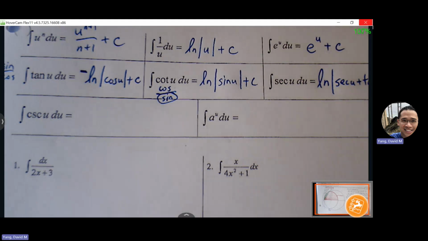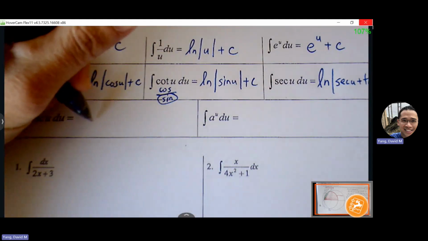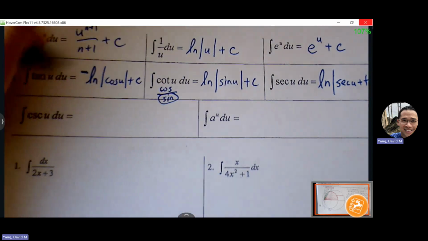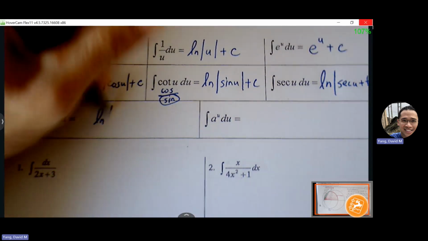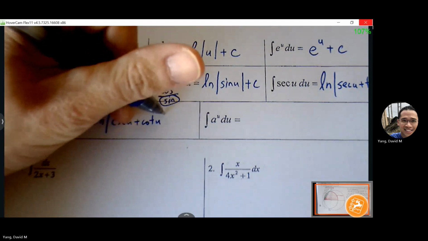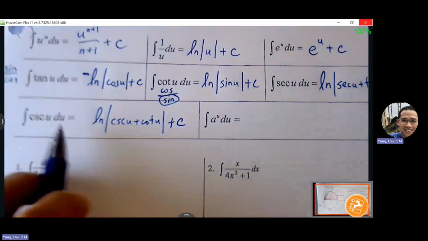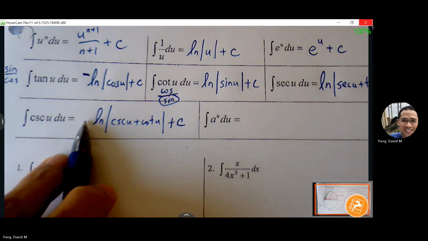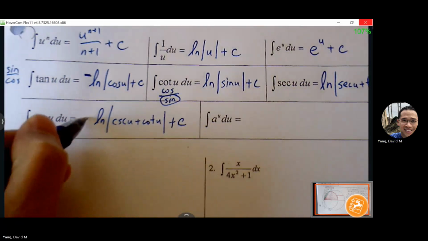Okay, cosecant. When I think of cosecant, I think of cosecant and cotangent as part of the derivative. So I know this is one of the new ones, so natural log is involved. But this one has a negative in front.